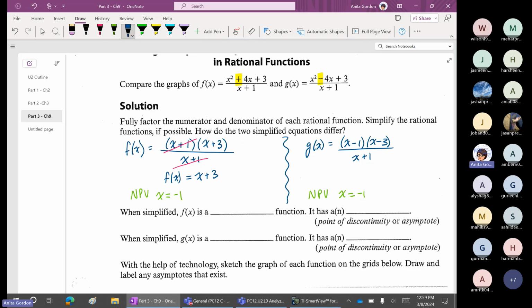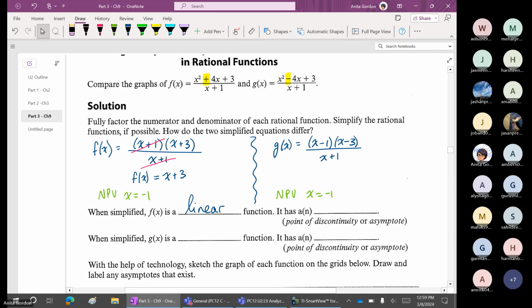What kind of a function is x plus 3? Linear. And what kind of NPV do I have? Asymptote or hole? It's a hole, yeah. So it's a point of discontinuity or a hole. Looking at the g equation, I do not have any common factors.